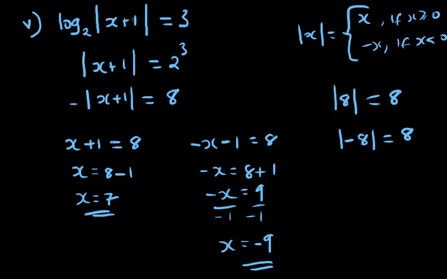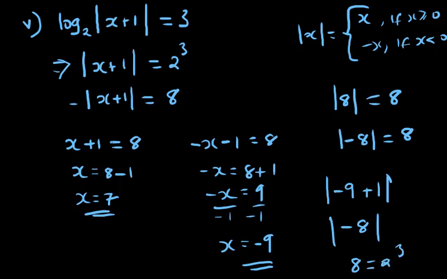If we put negative 9 in here, we'll have negative 9 plus 1 modulus there, which will give us negative 8. So modulus of negative 8 then tends to 8, which is the same as 2 raised to the power 3. So that answer is correct. So those will be our two answers.